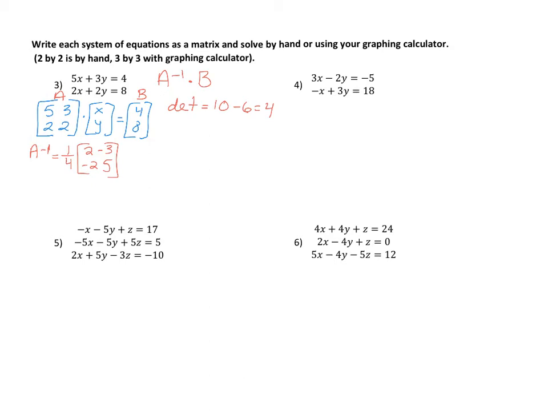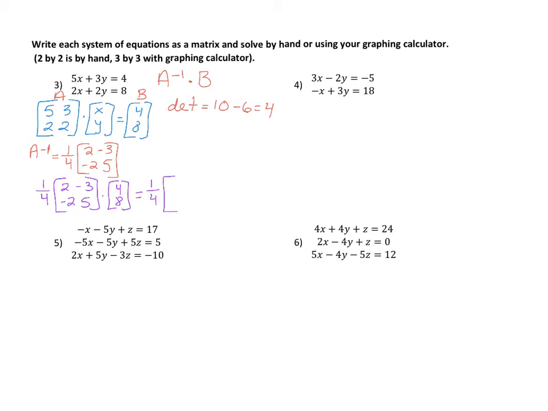So I'm going to take 1/4 times 2, -3, -2, 5, and multiply it by 4, 8. Now remember, you can multiply in any order, but I think it's easier to multiply the whole numbers together, the integer numbers together, and then multiply by the 1/4. So I'm going to leave the 1/4 out in front.